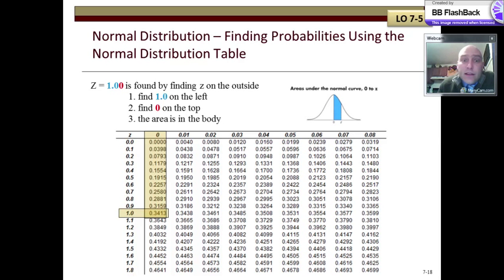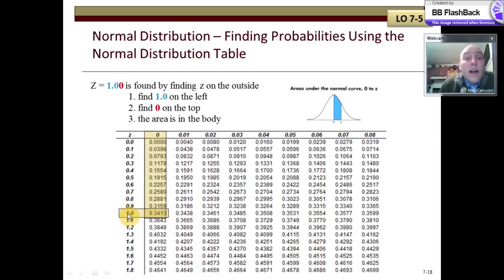But to use this table, let's say we wanted to find the area between 0 and 1. Well, this table always starts at 0. It always says that one of the boundaries is 0, and I'm going to the right, to whatever z-score you decide to select. In this case, I'm going over to 1.00. First, I find 1.0 on the left.